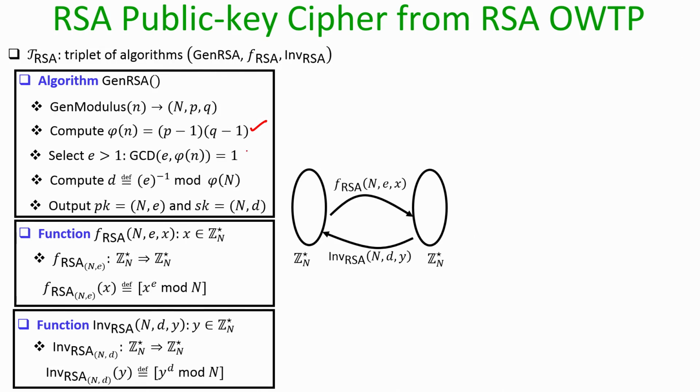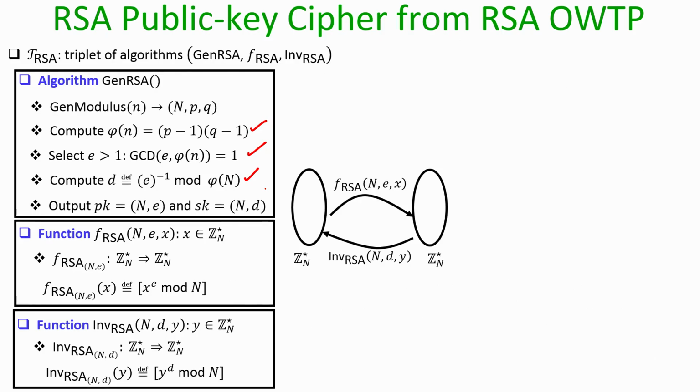Then it picks an e greater than 1 such that e is co-prime to phi of n, and then given that e is co-prime to phi of n, we can compute the multiplicative inverse of e modulo phi of n, which we denote as d, and then finally we set (n, e) to be the public key and (n, d) to be the secret key.